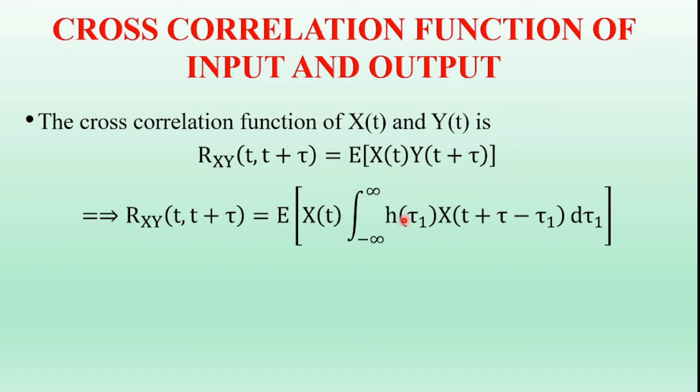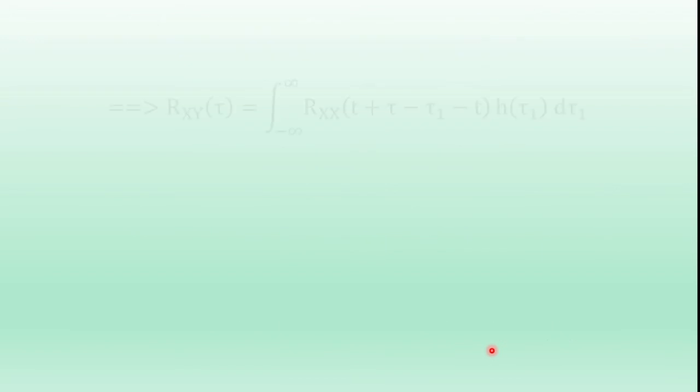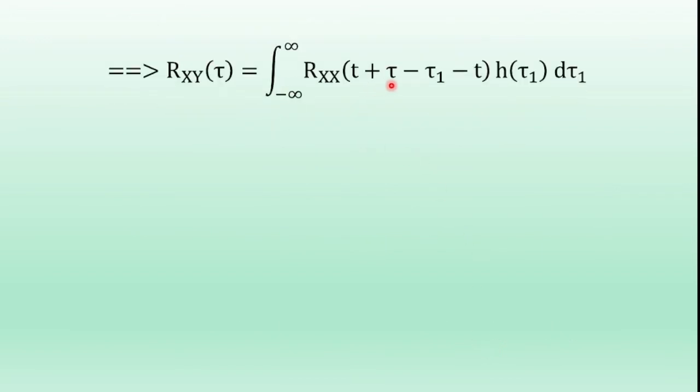Applying the expectation for a wide sense stationary random process, the right-hand side of this equation is the integral from minus infinity to infinity of the expectation of x of t into x of t plus tau minus tau 1, into h of tau 1 d tau 1. Using the definition of the autocorrelation function of the random process, the expectation of x of t into x of t plus tau minus tau 1 is Rxx of t plus tau minus tau 1 minus t.